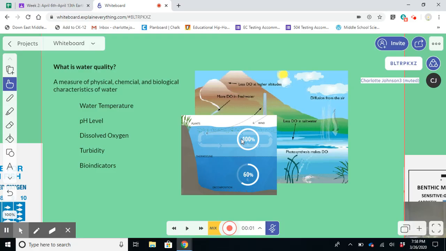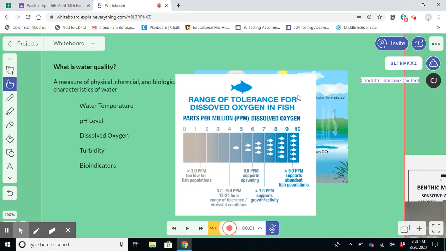So when we have dissolved oxygen, a higher amount of dissolved oxygen is the best. You can see from this diagram that it's a range. So if you have more aquatic plant life, you're going to have a higher amount of dissolved oxygen.